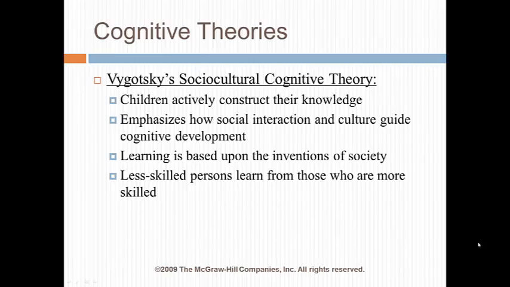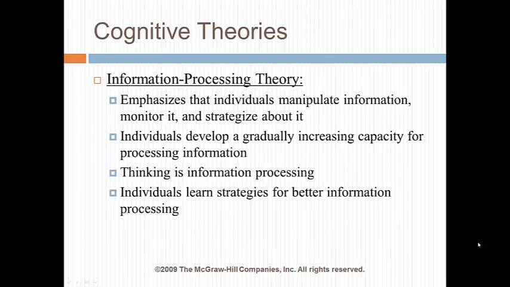In the information processing theory, unlike Vygotsky and Piaget, the belief is that individuals develop a gradually increasing capacity for processing information, and that thinking is information processing. This theory emphasizes that individuals manipulate information, monitor it, and strategize about it.